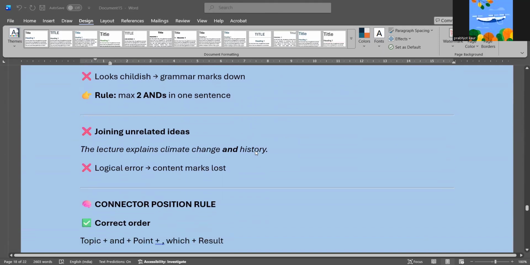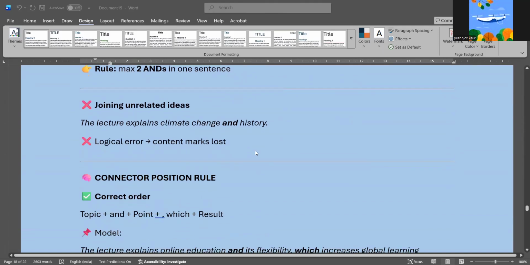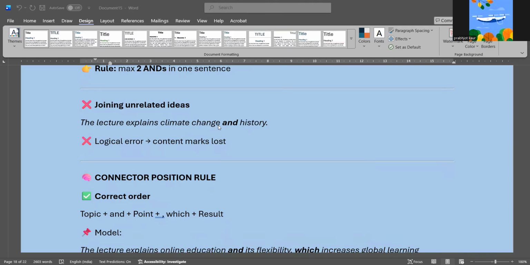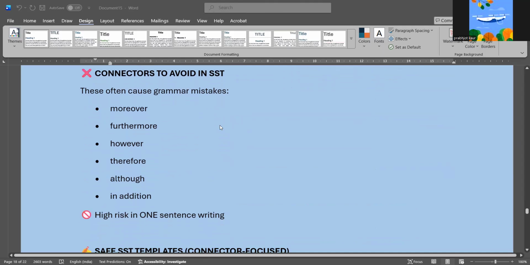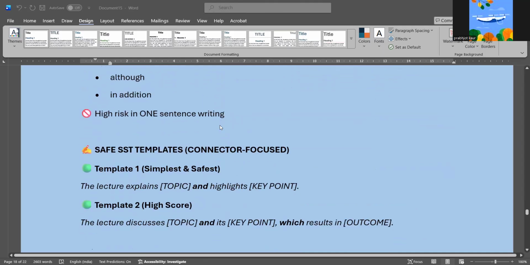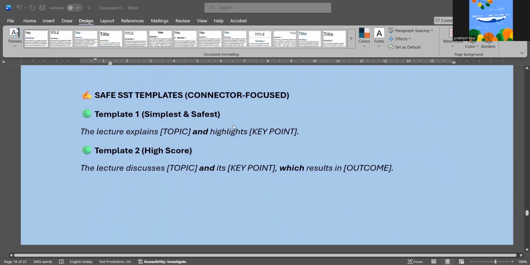If you note down two things, you do not need to use any comma before the end. But if you use more than two or three things, then you have to use commas.